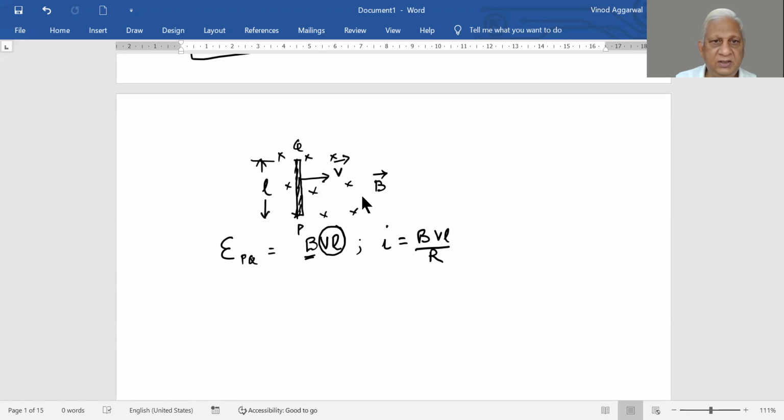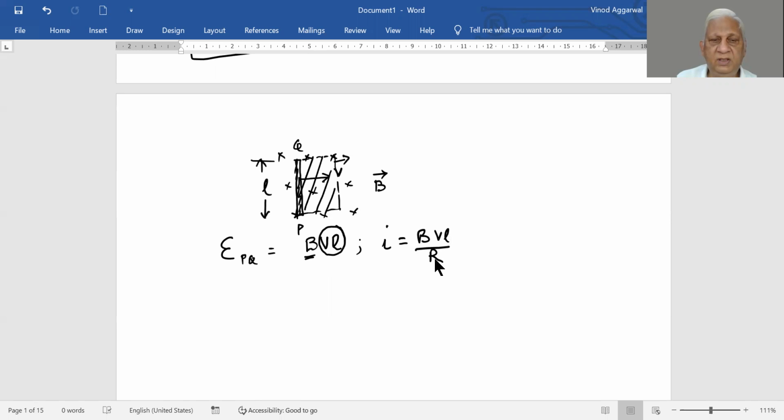And the area that it is creating every time interval is VL, because L is the length, V is the velocity, so it would cover so much of area. B is this B, and the area that it would cover is so much. And since this is per unit time, the EMF generated is BVL.